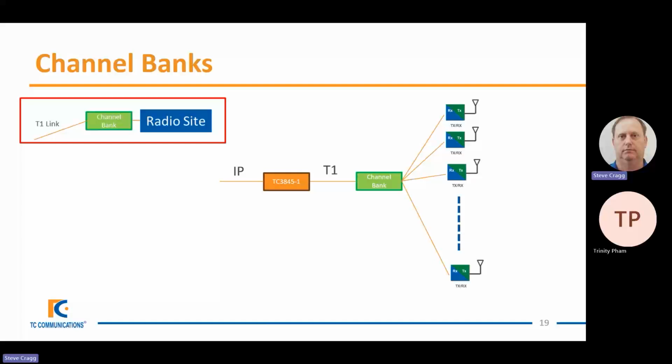So if you have a dense site with many analog channels on it, a channel bank was a good solution, and you may have that as well. And so a single card to provide one or two T1s to IP is a good solution if your plan is to replace a lot of the analog channels.